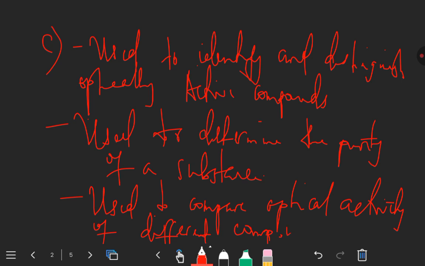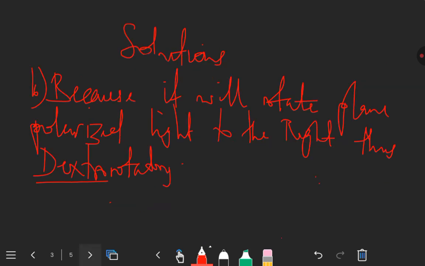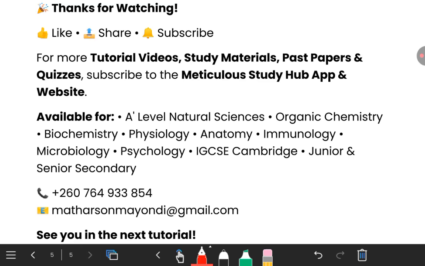So it's used to compare the optical activity of different compounds, to identify and distinguish optically active compounds, and also used to determine the purity of the substance.